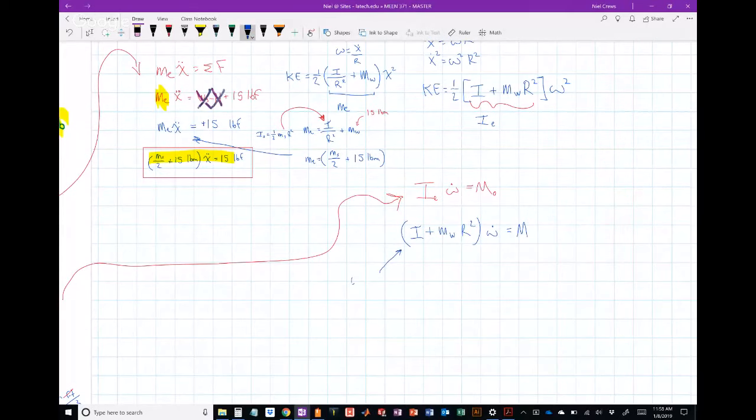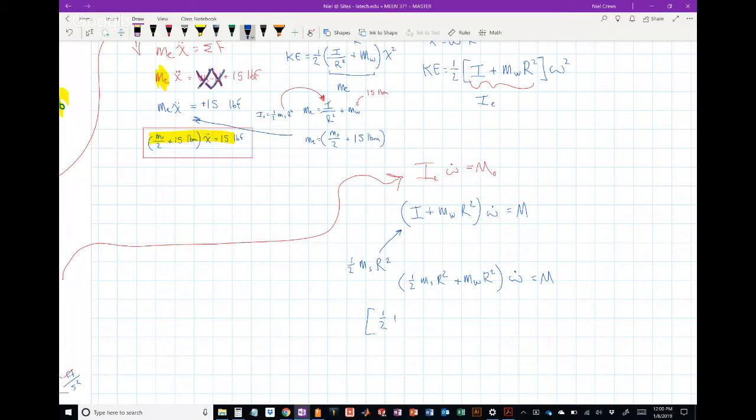The inertia of the spool is 1/2 the mass of the spool times r squared. So this whole equation then is 1/2 the mass of the spool r squared, plus the mass of the weight r squared, times angular acceleration equals the moment.